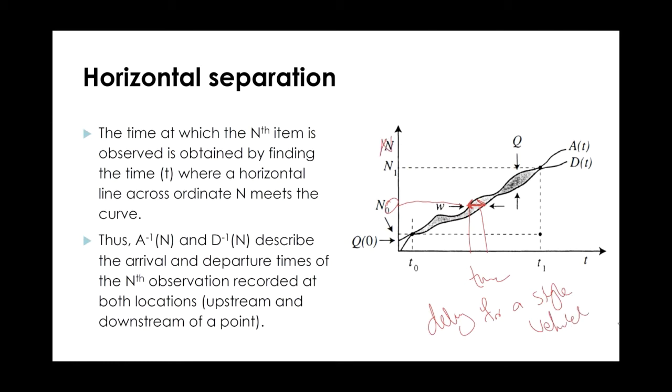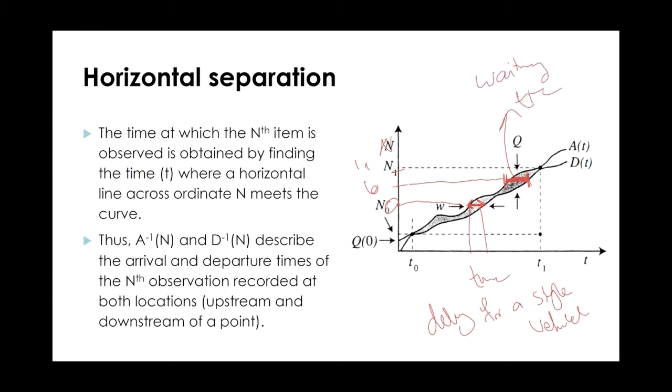Remember, N was the cumulative number of cars, right? So for example, this is vehicle number 10, vehicle number 11. For vehicle number 10, I want to see how long it has to wait before it leaves the system. If I calculate this horizontal distance, that would give me the waiting time for that specific vehicle to leave the system.